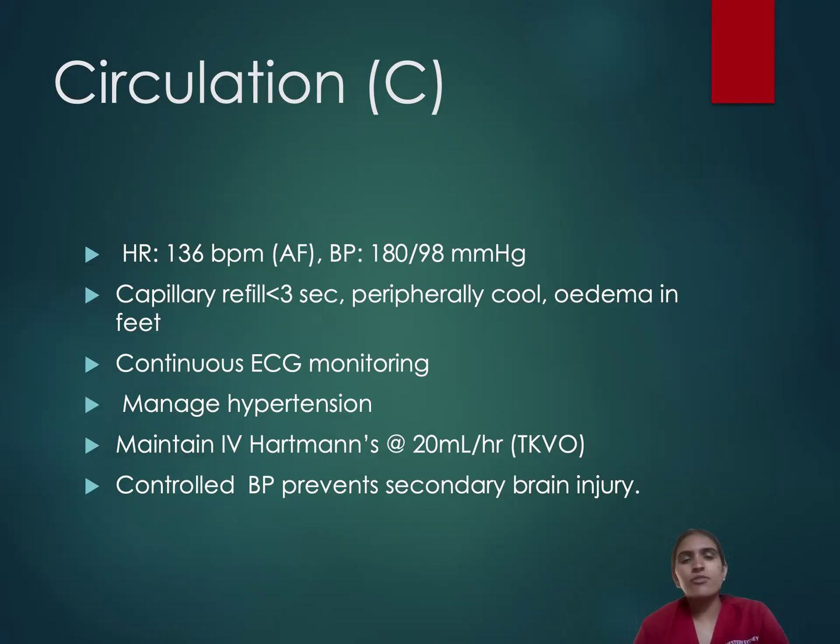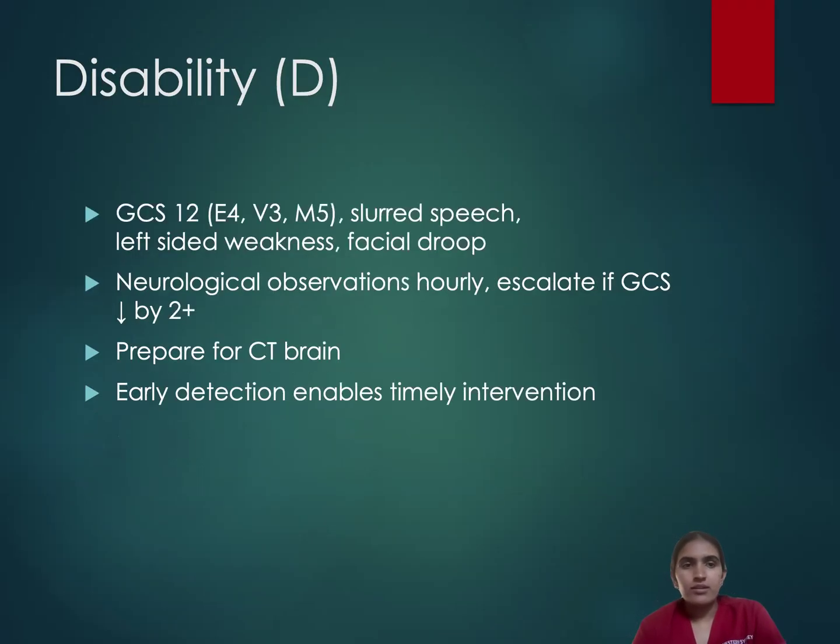The Australian Stroke Foundation recommends maintaining systolic blood pressure at a maximum of 185 mmHg when thrombolysis will occur. And as per the case, to maintain her hydration, intravenous Hartmann's solution 20 ml per hour should be continued. Now let's have a look at disability.